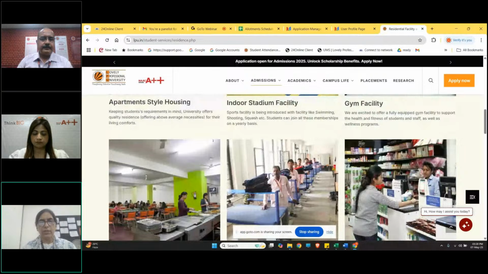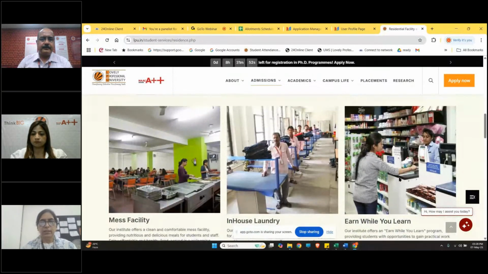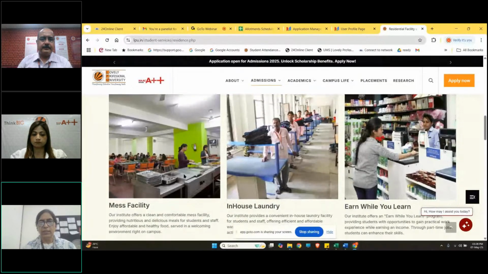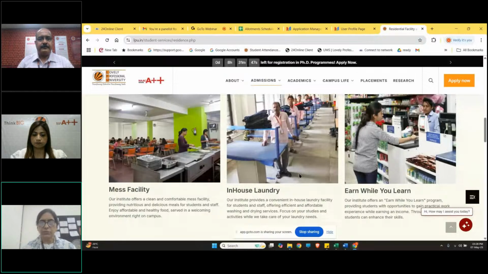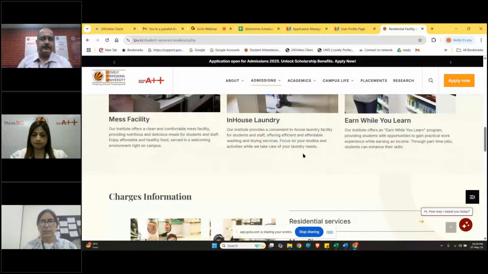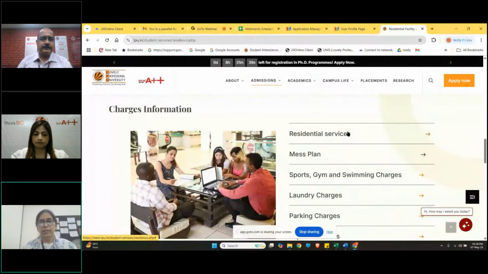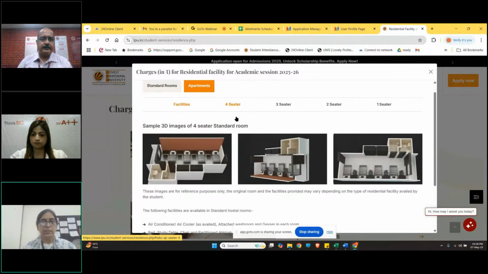Stores are also there, where you can buy daily need things. The mess facility and the laundry facility are also there. It is not necessary, but if you want, you can avail them. Here you can see the residential services: four-seater, three-seater, two-seater, single-seater, and we also have 4x2 and 5x2 seaters. We have apartments also.